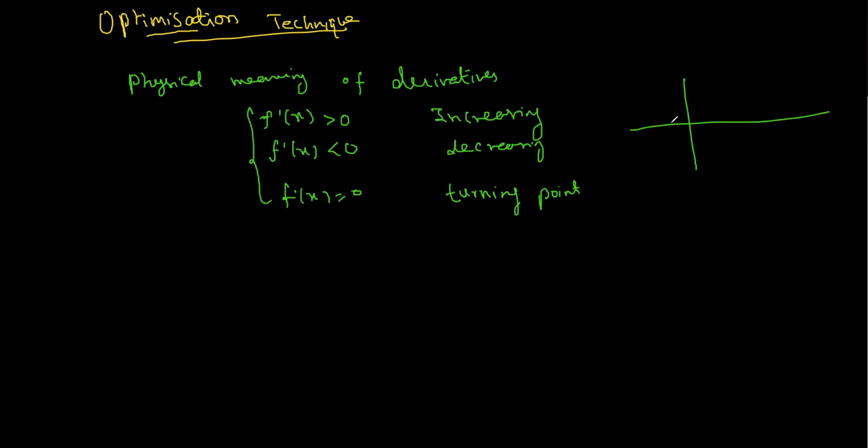For example, at this point the function increases, right? It goes upside. This is the turning point. So here the slope is positive and here the slope is negative. Understood? Now what is the significance of second derivation?